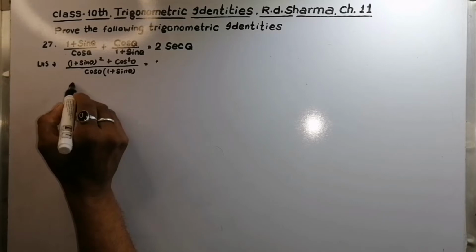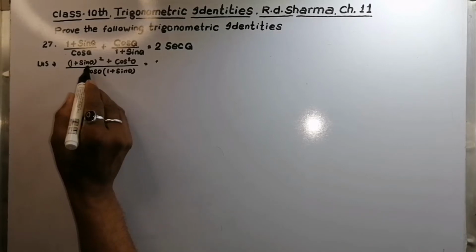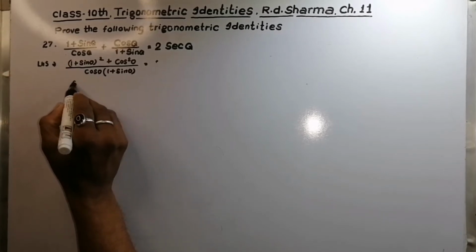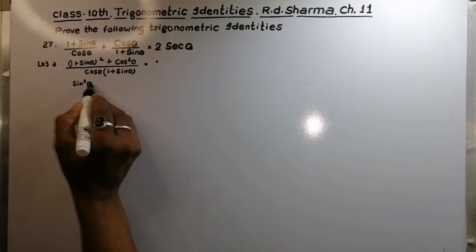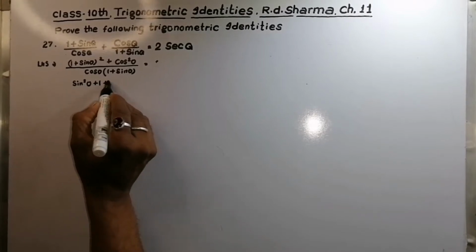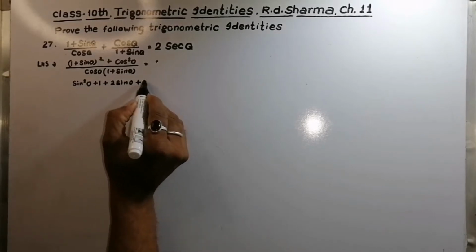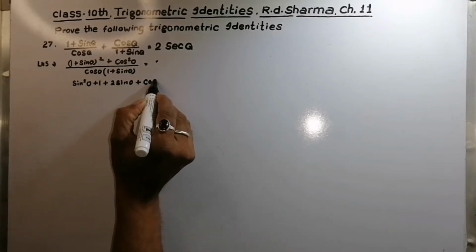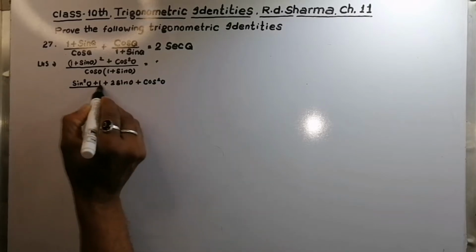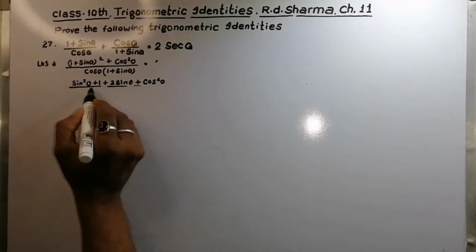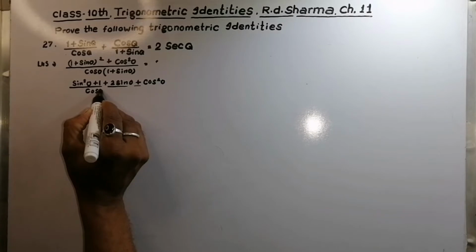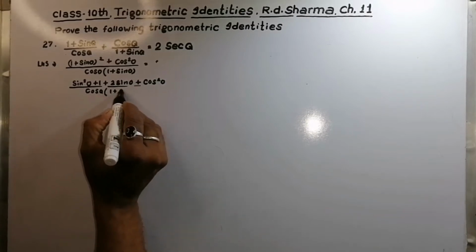Now we can write (1 plus sin theta) whole square as sin square theta plus 1 plus 2 sin theta, and plus cos square theta. And here cos theta and 1 plus sin theta.